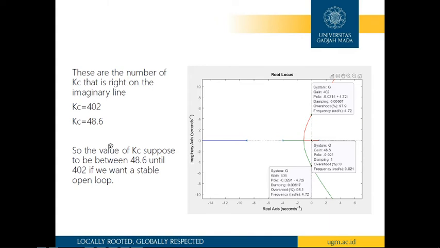It can be stated that the Kc minimum for this question is 48.6 and the Kc maximum is 402 if we want to stabilize the open loop. So if we want to stabilize the open loop, we should pick a number of Kc between 48.6 and 402.